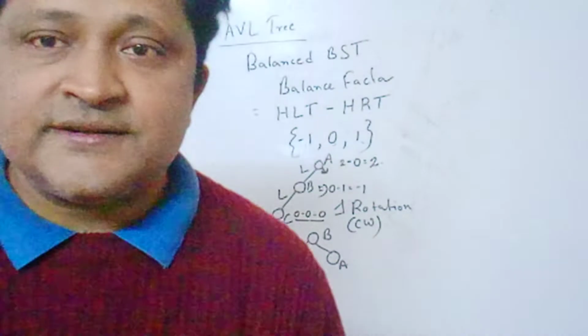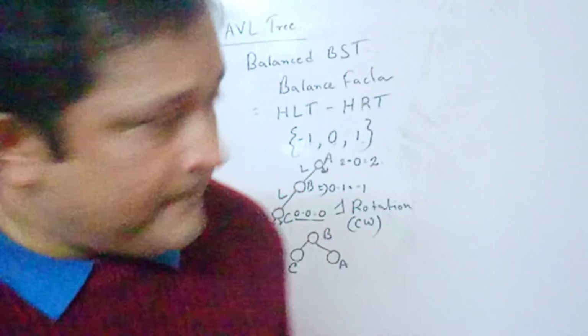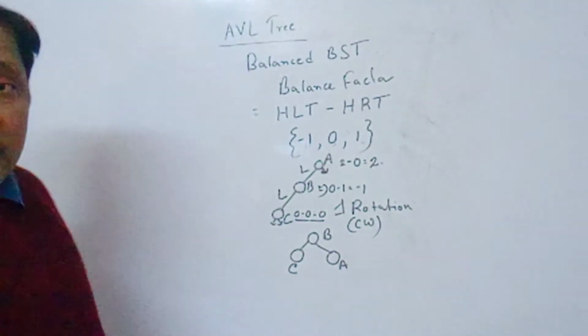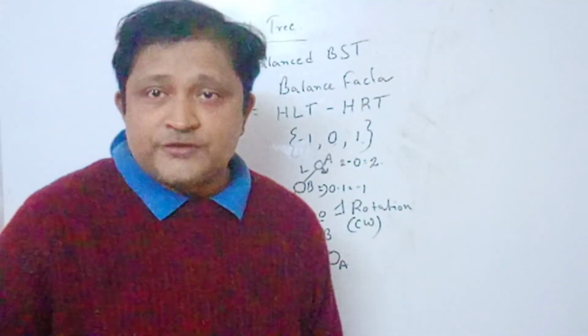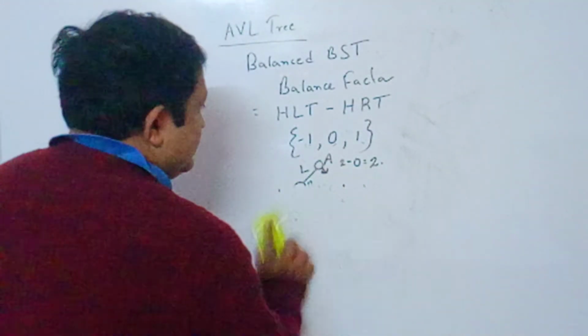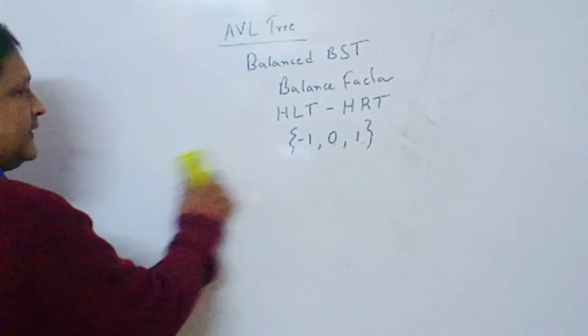So we can balance it. Now this has become the balanced one. So there are 4 types of imbalances which we can balance and convert into an AVL tree.